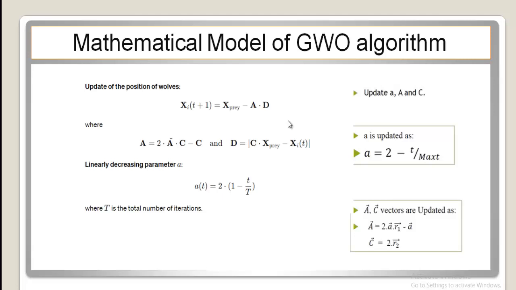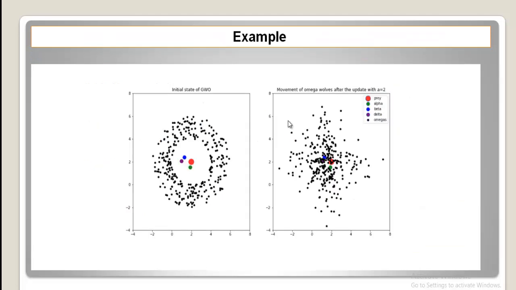In the illustrative example, we have observed the gray wolf optimization algorithm at the initial state of the optimization. On the left side, we have the initial state of the agents represented in a two-dimensional search space. The optimal solution is marked with a red dot.